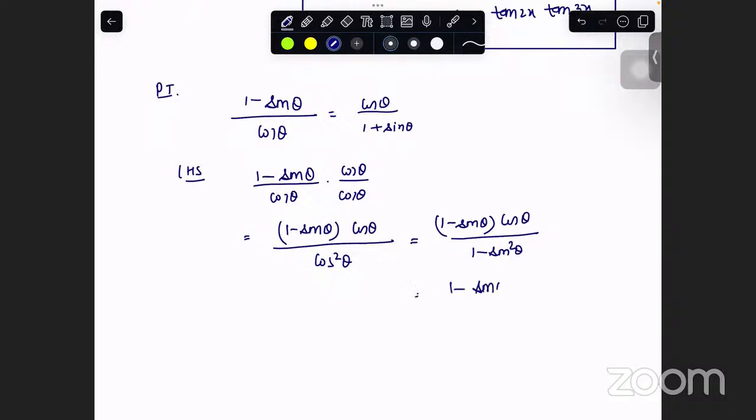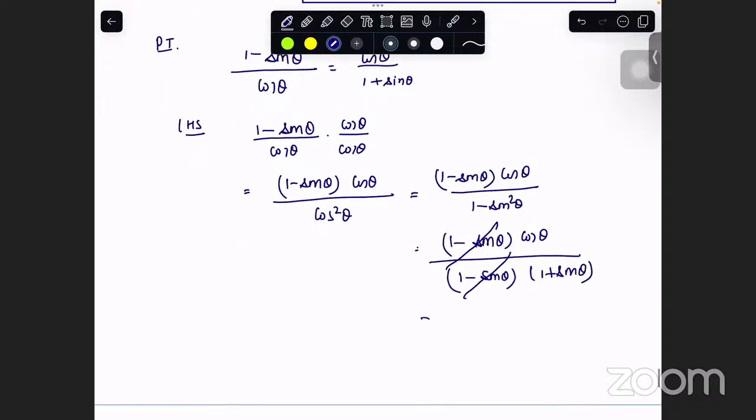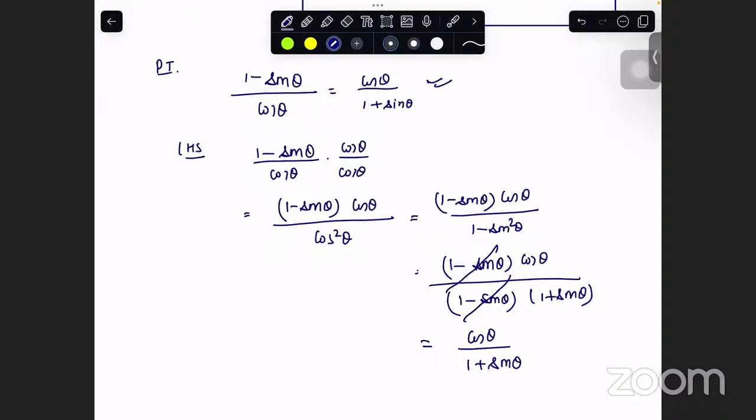So it is 1 minus sine theta into cos theta upon 1 minus sine theta into 1 plus sine theta. These two cancel. So what do you get? Cos theta upon 1 plus sine theta. This is what we have to prove. This is a simple, easy question based on your class 10th trigonometry. There is nothing new related to class 11.